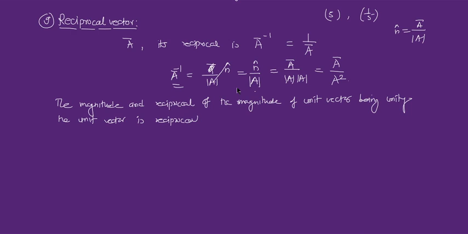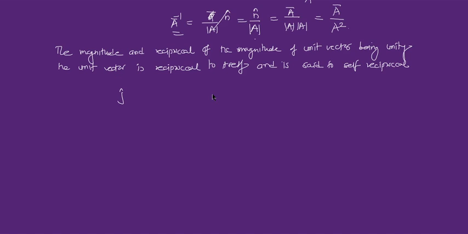Unit vector, why? I can show here as per my definition. For example, j cap inverse is equal to 1 upon modulus j cap into unit vector j cap.